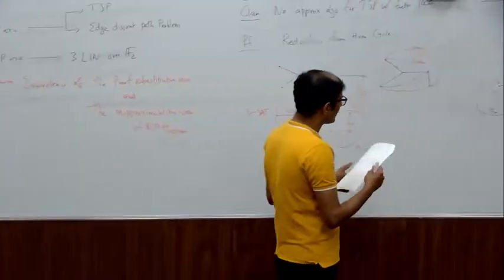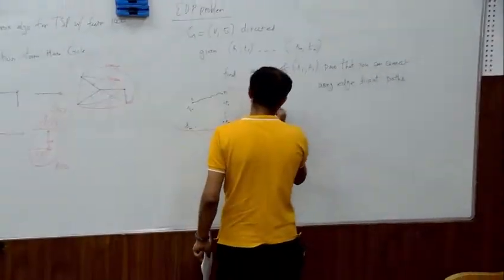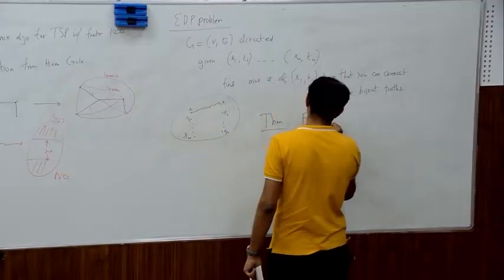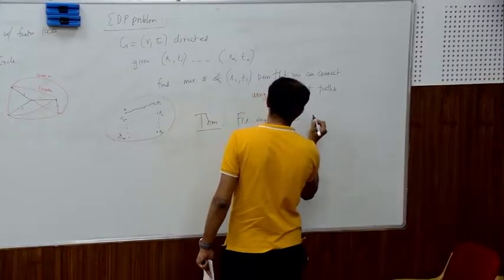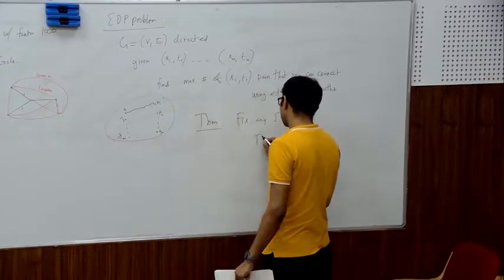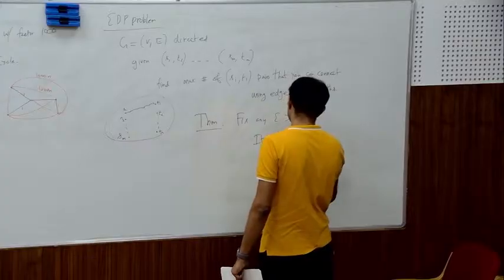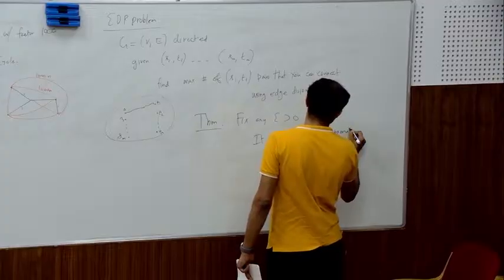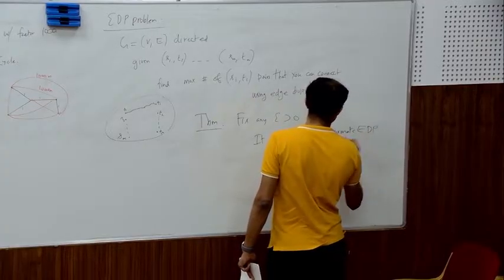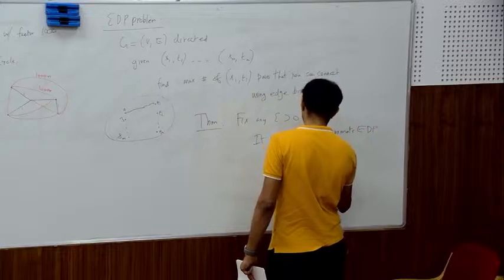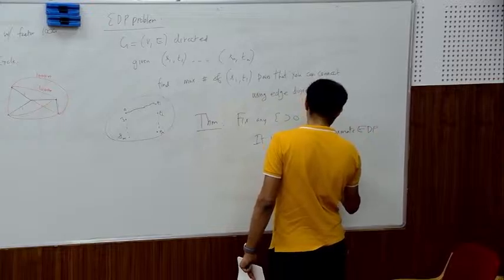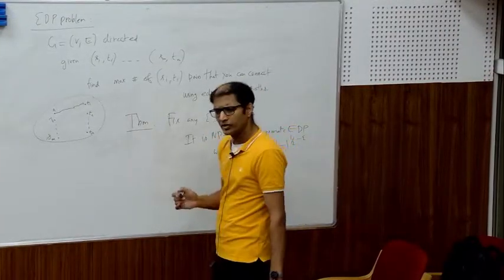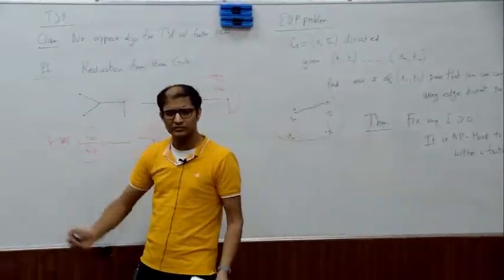So here is the theorem that I would like to state. Fix any sufficiently small positive epsilon. Then it is NP hard to approximate EDP within a factor of roughly square root of the number of edges, that is, E to the 1/2 minus epsilon.